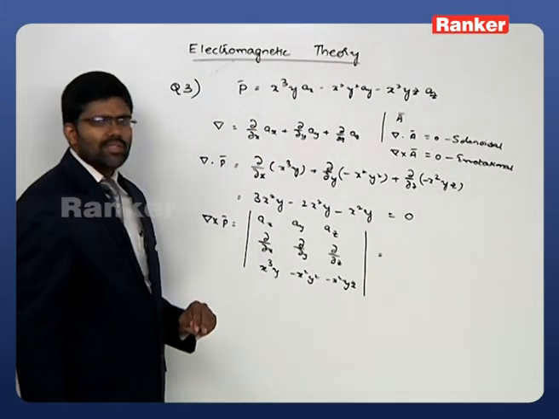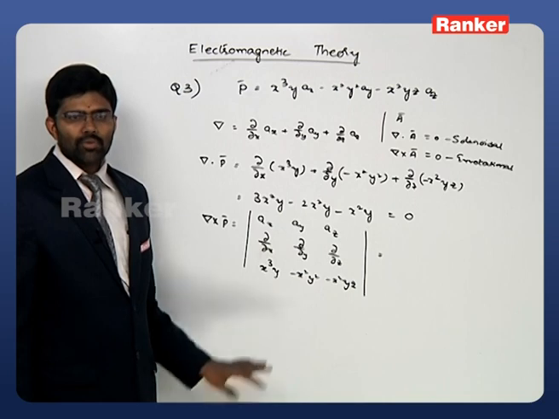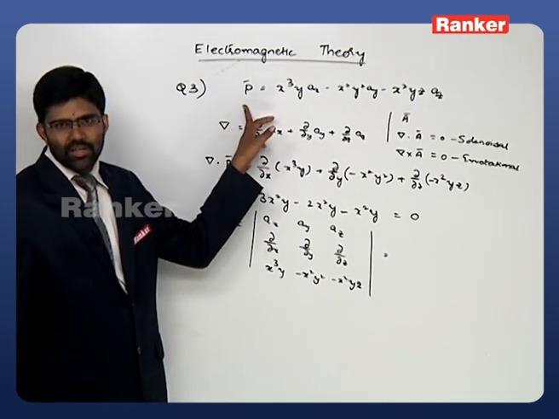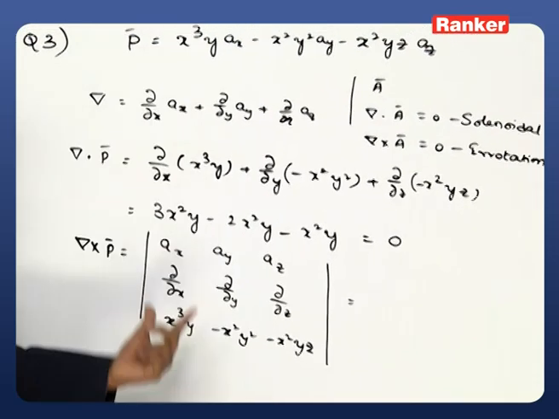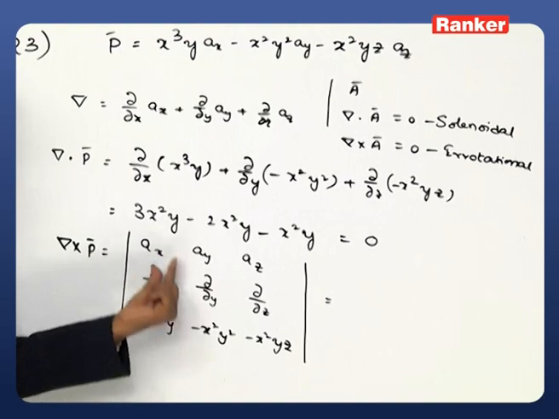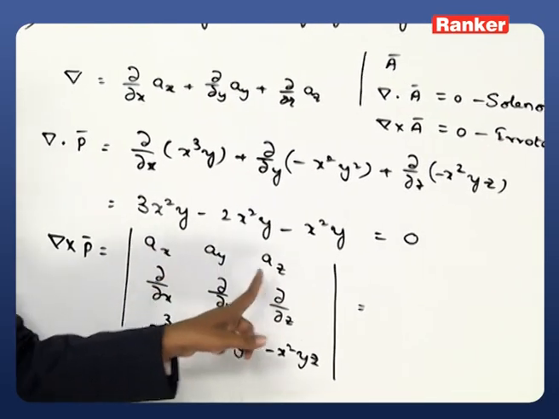Here I will give you a simple technique: don't go for the entire calculation. Here we don't require the answer, just the property of this vector. So what we have to do is observe these terms, here we have three terms in terms of x, y, z.